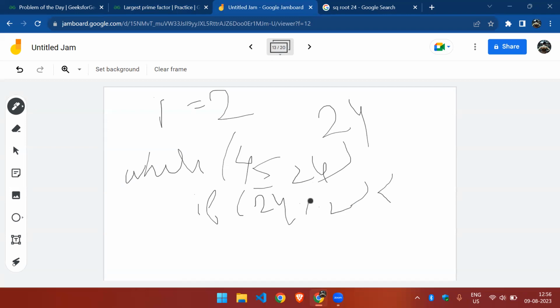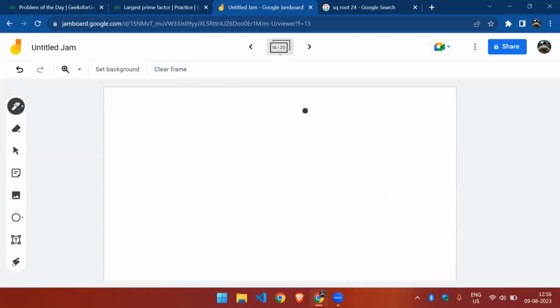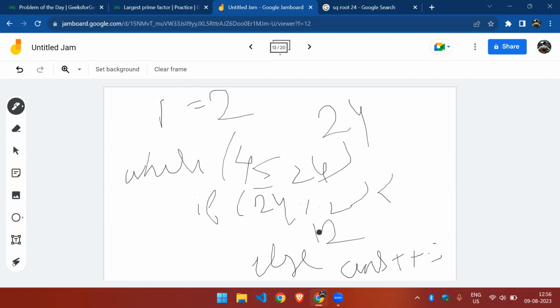So it will become 12, right? And in case we don't have any factors of 2 in my number, I will simply increment my iteration variable, because there might be other prime numbers, right? For example, 3. So we will look at it in the next iteration. So after dividing, we have 12.